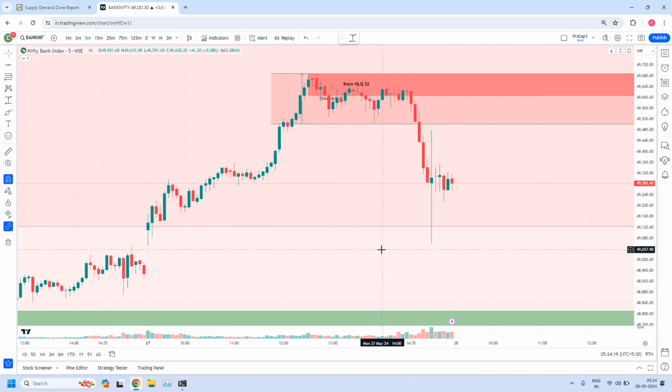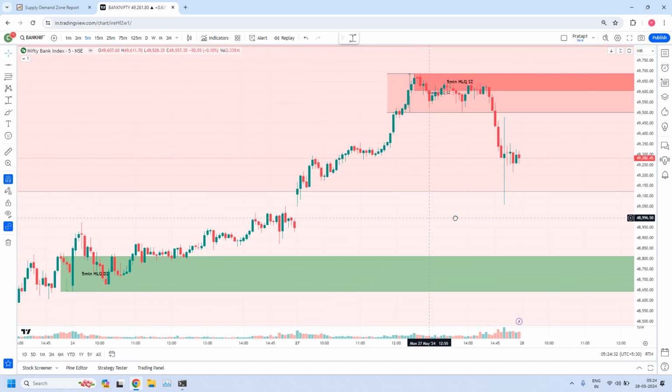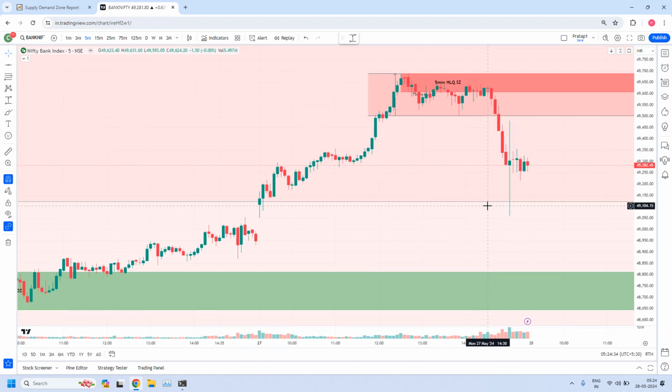So this is about Bank Nifty analysis. But currently, what could be the trade setup?